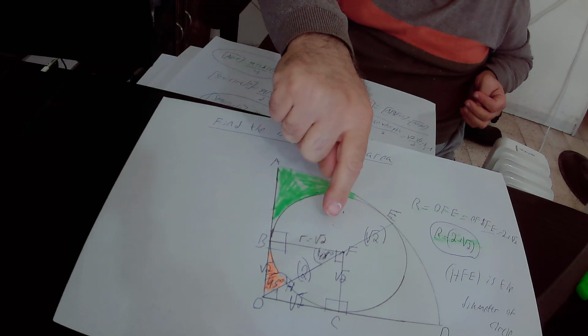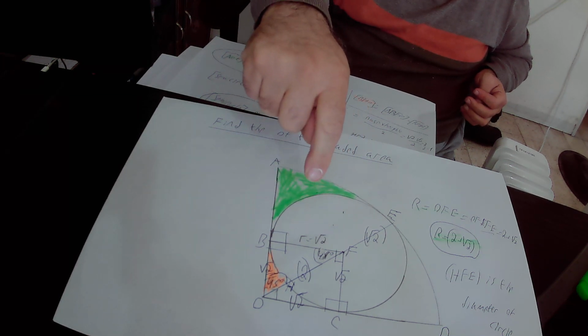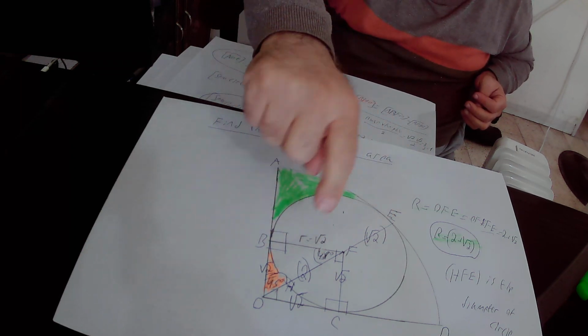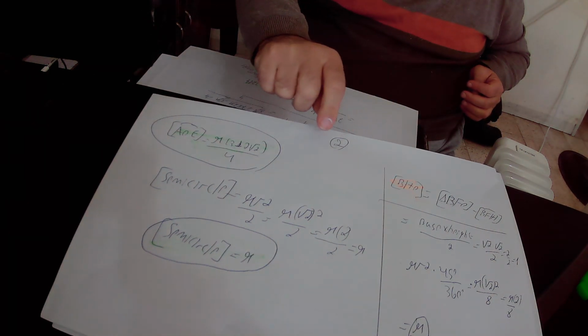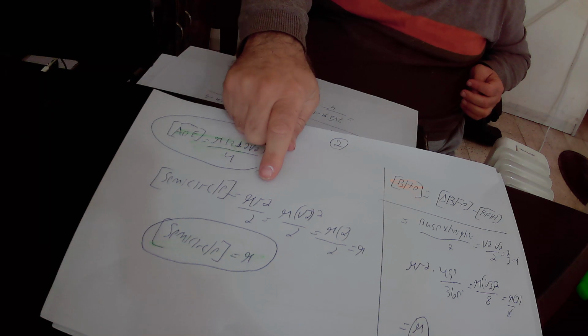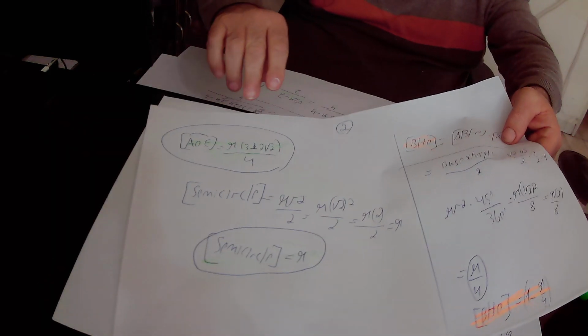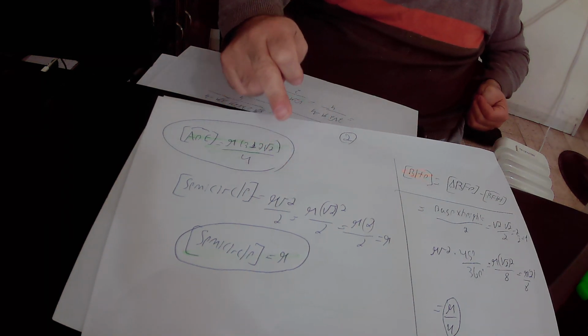In the next step, we have to find out the area of this semicircle, OBE. We know that the area of any semicircle equals the area of the circle over 2. The area of this small circle equals pi r squared, and if we divide the area by 2, we get the area of the semicircle.